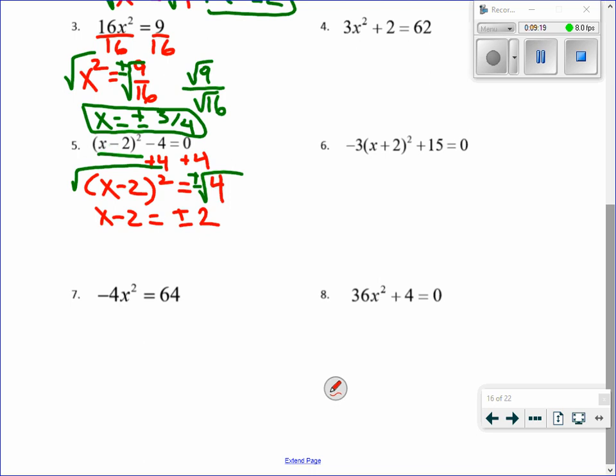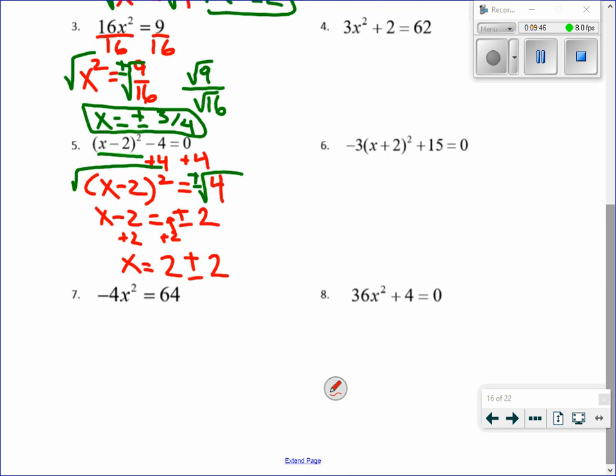So what are we doing next from here? Adding 2. When you're adding 2 at this step, you want to get in the habit of putting that in front of your plus or minus, because when you're formatting later on, that's the more acceptable form. So this is going to be x is equal to 2 plus or minus 2.